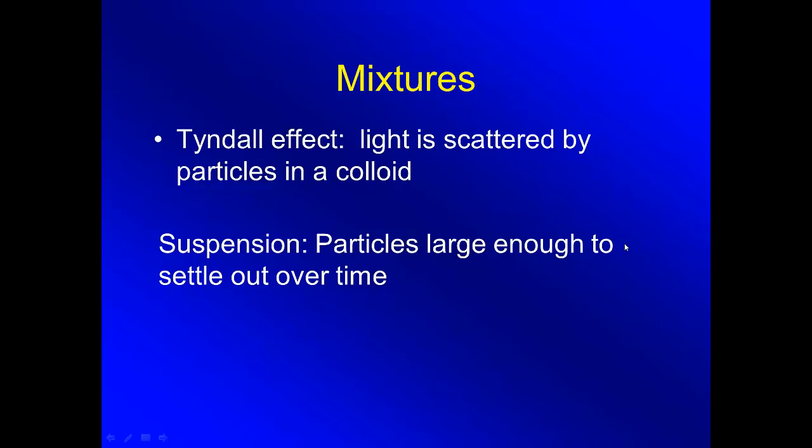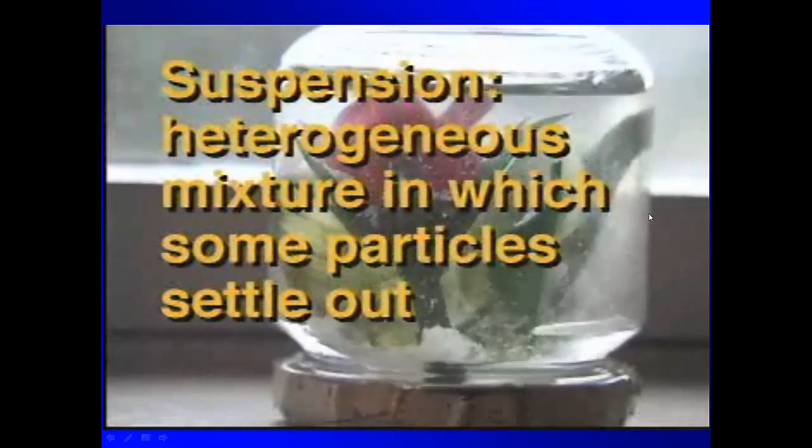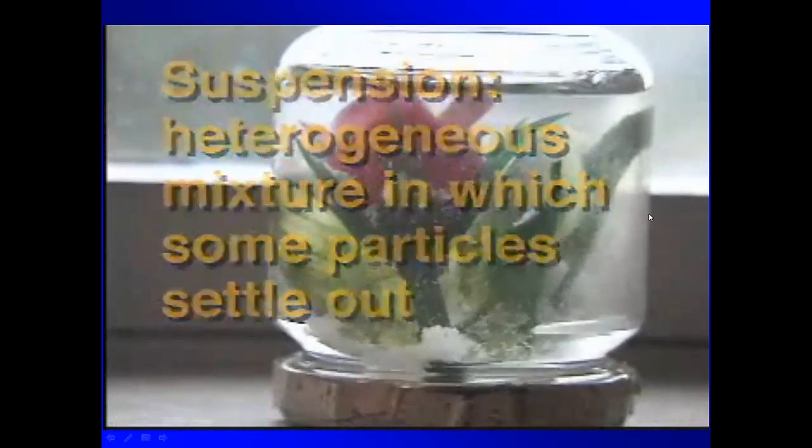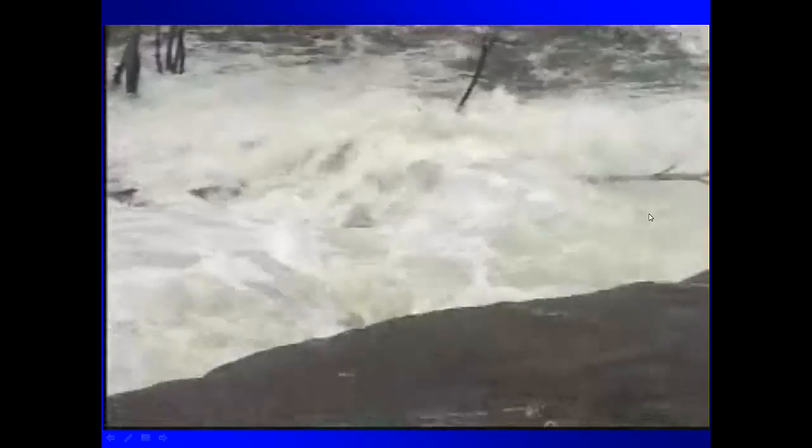A suspension is a heterogeneous mixture in which some of the particles settle out. The particles and the water in this paperweight form a suspension. The water in this raging river also forms a suspension.